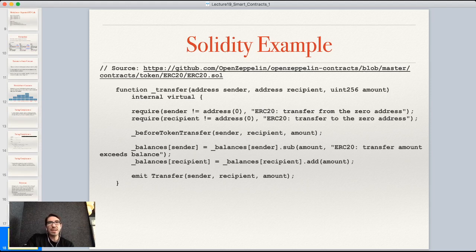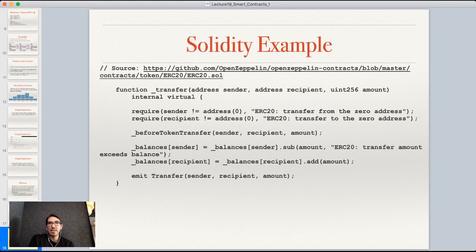So I just wanted to give an example of a smart contract. This is written in Solidity, which is what we will cover in the next lecture. Here I have taken this from OpenZeppelin, their ERC20 Solidity, one of their functions, which transfers from a sender to a recipient.